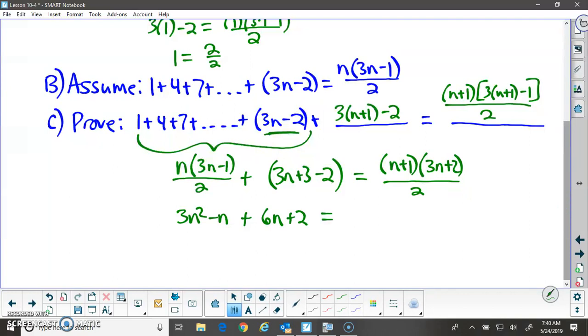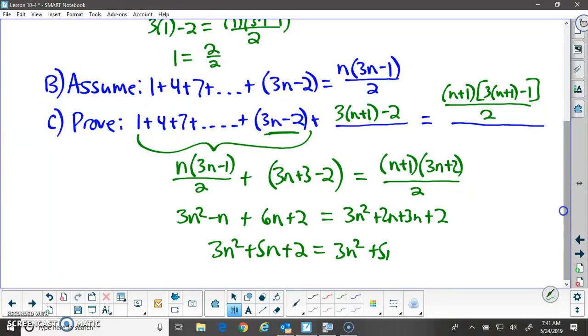And then foiling the numerator there gives us 3n squared plus 2n plus 3n plus 2. We multiplied everything by 2, so we got rid of that fraction. And now combining like terms, we got 3n squared plus 5n plus 2 on the left, and on the right, 3n squared plus 5n plus 2. This proves that this is always true.